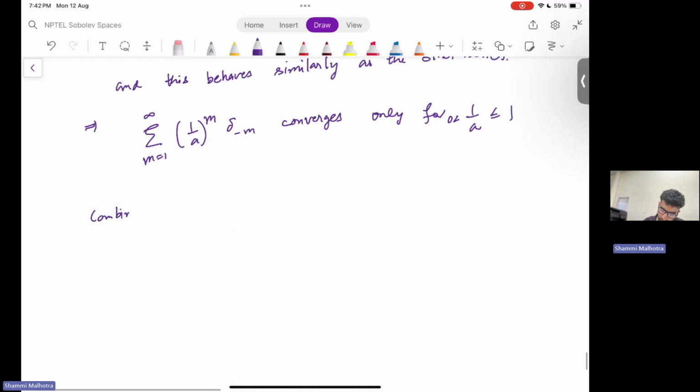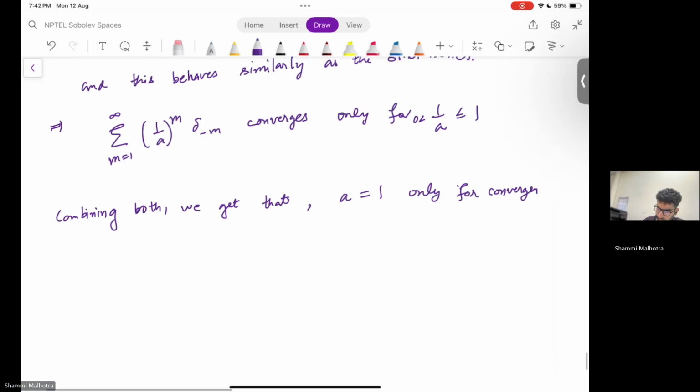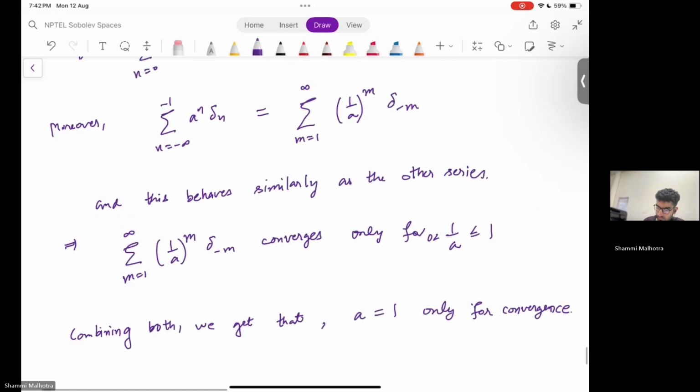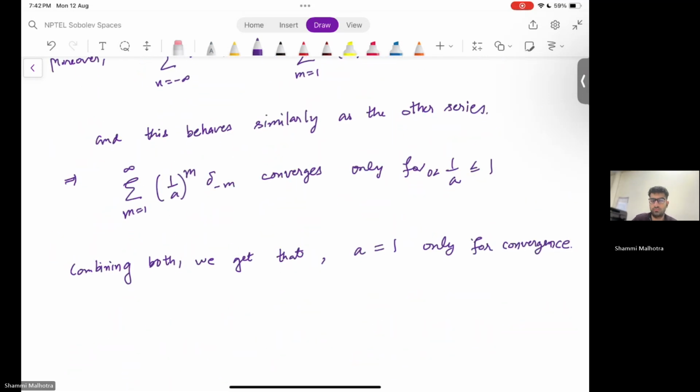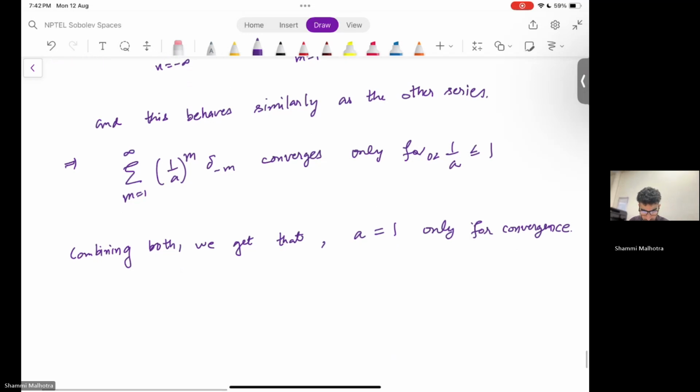But if we combine both, we get that a has to be equal to 1 only for convergence. Okay, so that's all for this one.